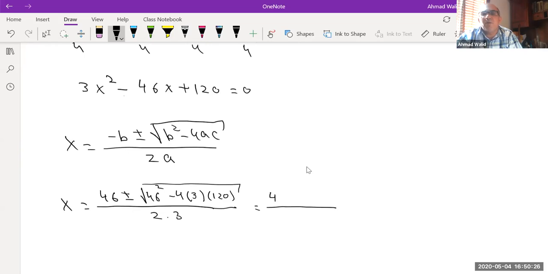which gives you 46 plus or minus the square root of, can you simplify under the square root and tell me how much that is? If you have a calculator, please use it, simplify, and see if my number is correct.